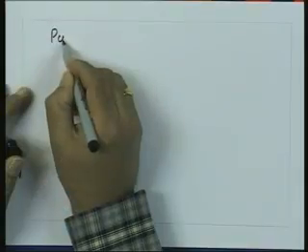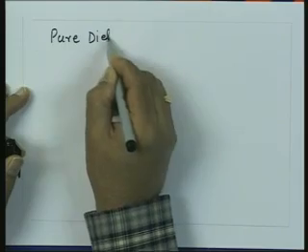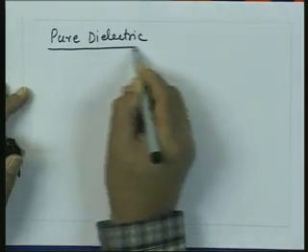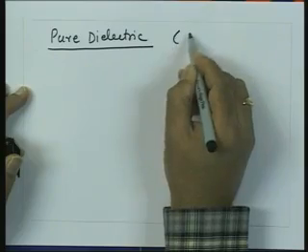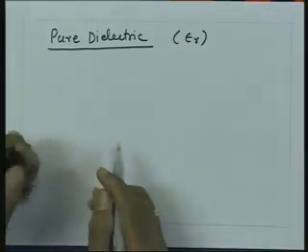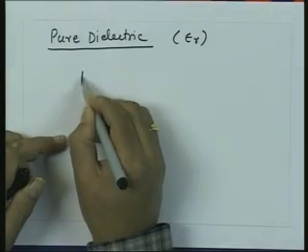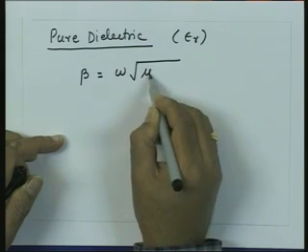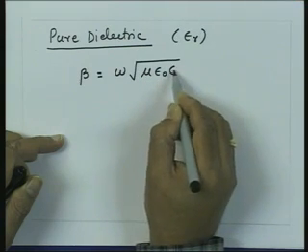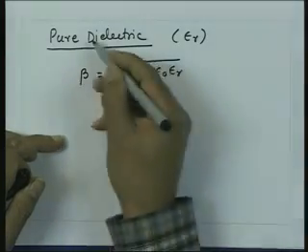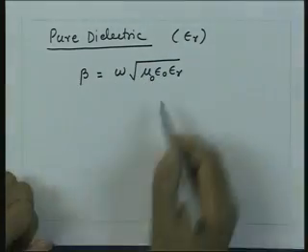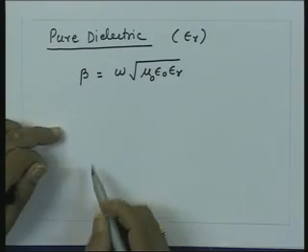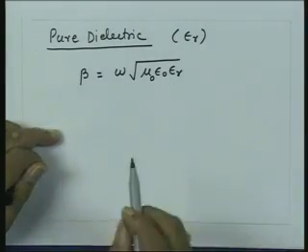Now, as we have seen earlier, if we take a pure dielectric with dielectric constant epsilon r, then for this medium the phase constant beta is omega square root mu epsilon 0 epsilon r. Since the medium is a dielectric, the permeability is that of free space, so the phase constant is omega square root mu 0 epsilon 0 epsilon r.